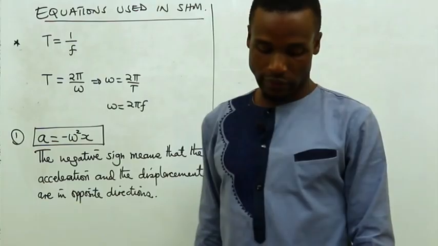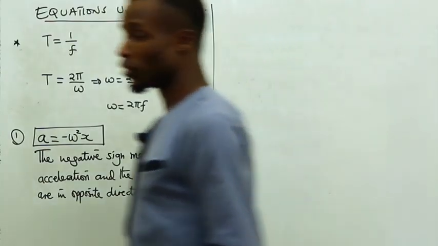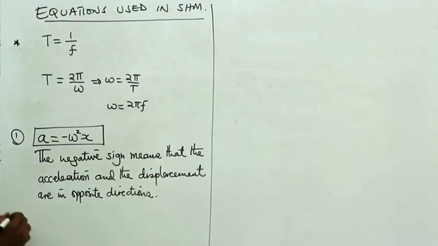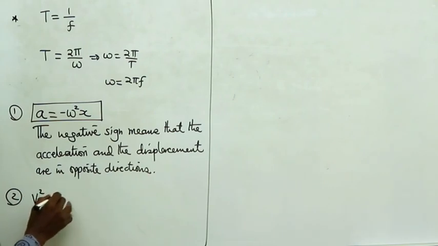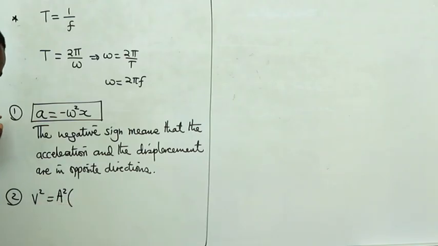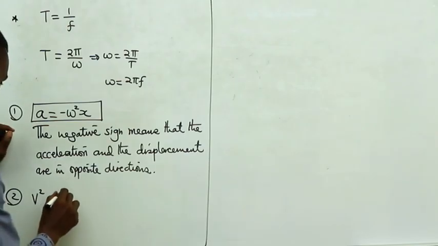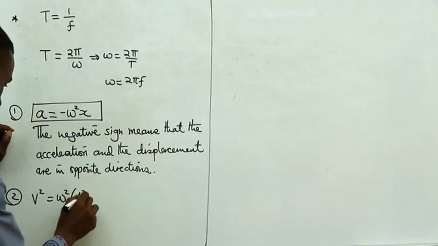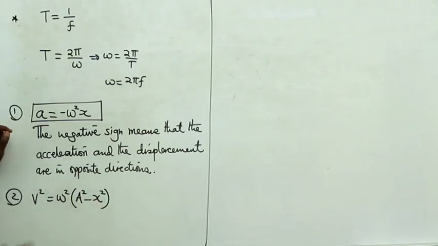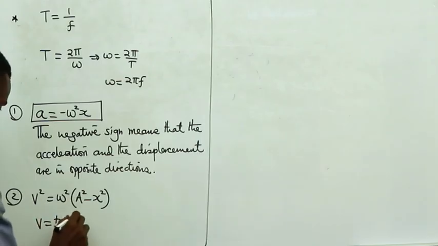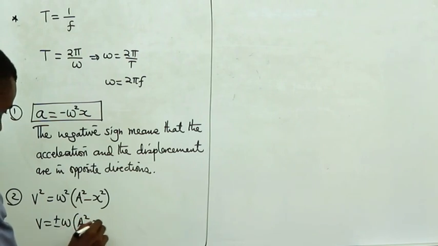Now we are going to note the second one, which relates speed and displacement, or velocity and displacement, and it is v squared is equal to omega squared into amplitude squared minus the displacement squared, or simply v is equal to, taking square root, plus or minus omega into square root of a squared minus x squared.